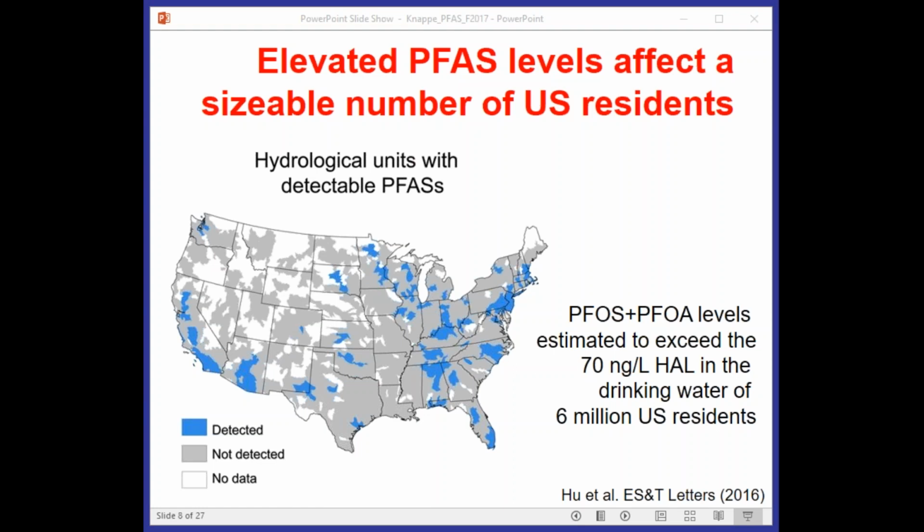And so the estimate from this study was that at least 6 million US residents currently drink water that has PFOS and PFOA levels that exceed the 70 nanogram per liter health advisory level. And so you can see there are hotspots around the country, whereas there are other areas that are not affected by these compounds.